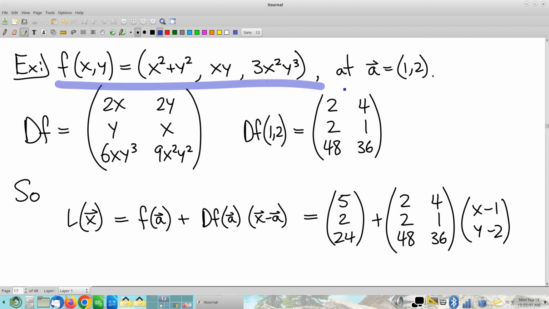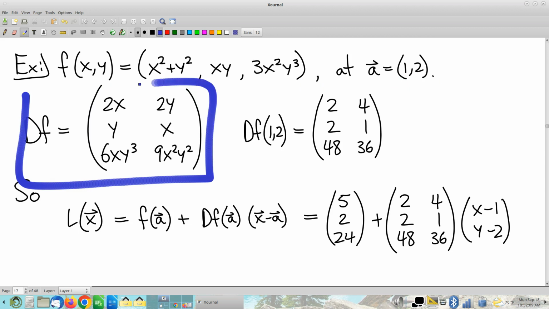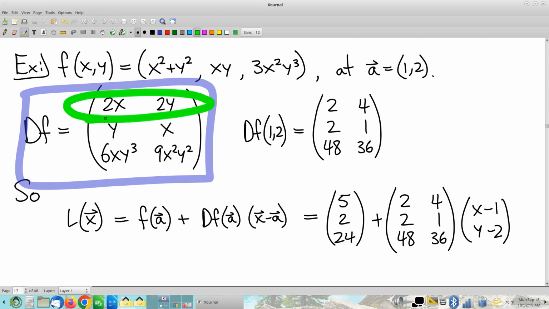And again, let's write one down. A multivariable vector-valued function, and a point at which I want to do a linear approximation. So, okay, let's play the game. Here's the derivative matrix. That's just a matter of taking a bunch of partial derivatives. Now, remember, you've got to be very, very careful about this, right? The rows correspond to output variables. So what we have in the first row are the various partials of x squared plus y squared with respect to the 2 different input variables.